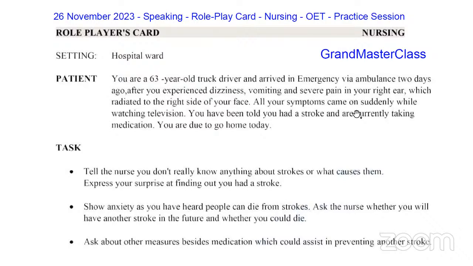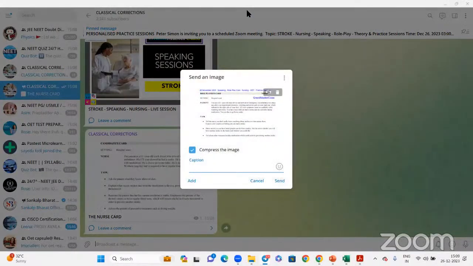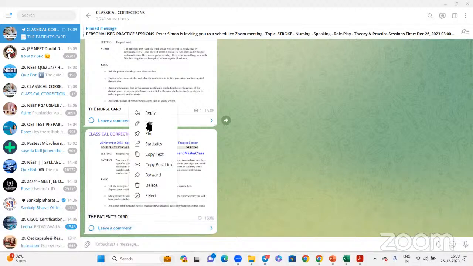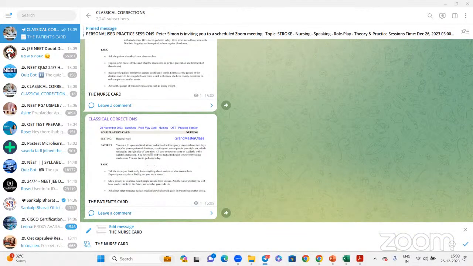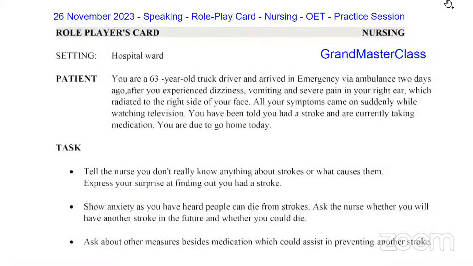The role players card of the patient's card.